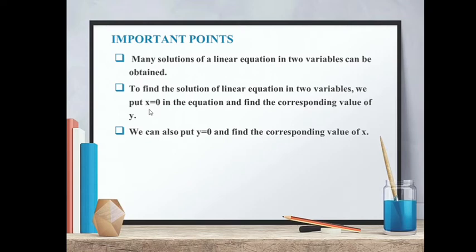So not only can we put a value of x, we can also put a value of y. For y we can put 0, 1, -1, 2, -2, any value, to find the value of x, and that will be the solution of the given equation.